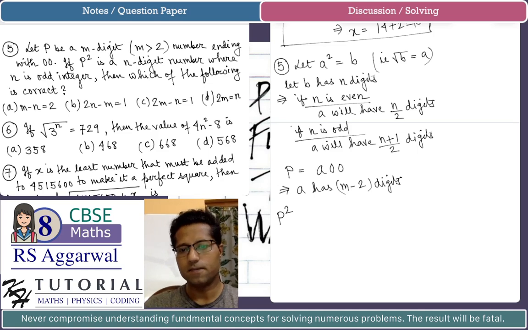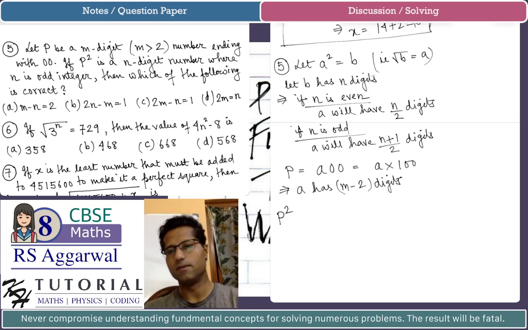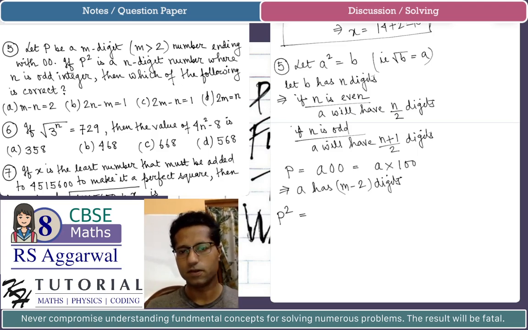Okay, now what will be P square? Now this P, we can consider it as A multiplied by 100. A number of the form A00, any number ending with two zeros, we can always write as A multiplied by 100. Now what will be P square? It is saying that the square of P is an n digit number where n is an odd integer.